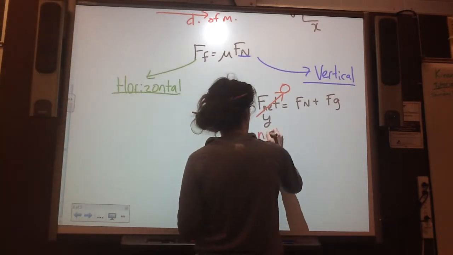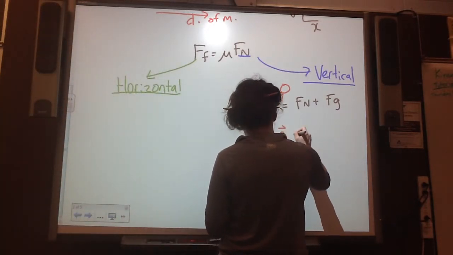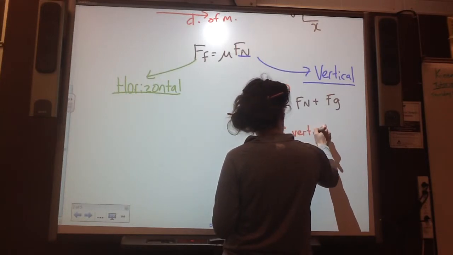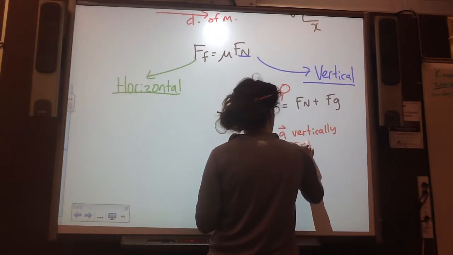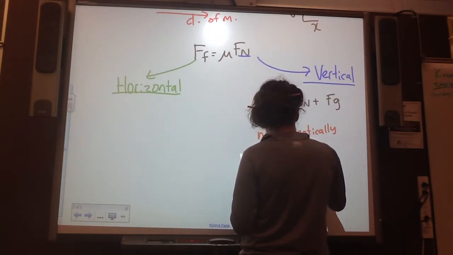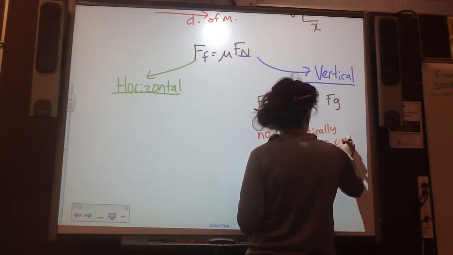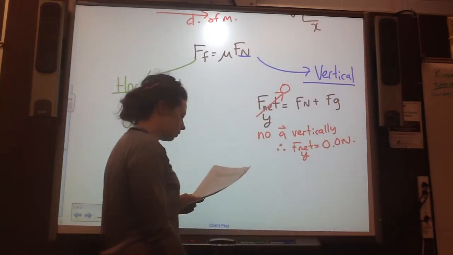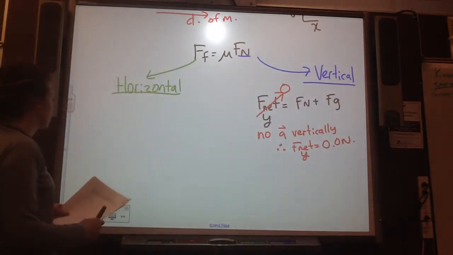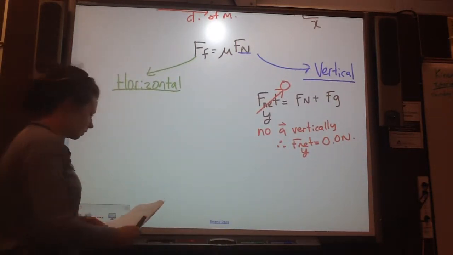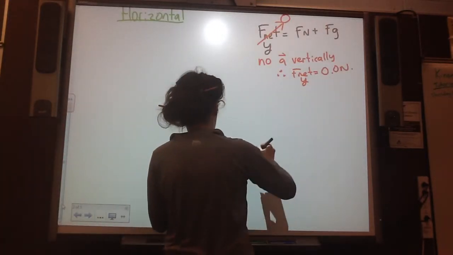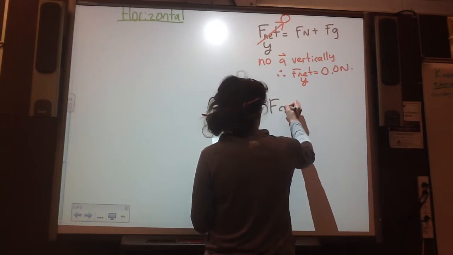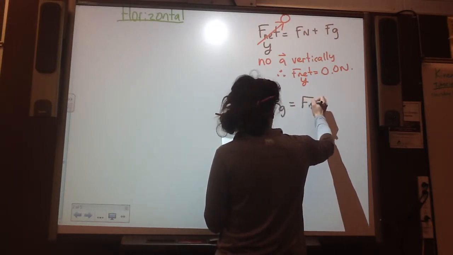So there's no acceleration vertically, either up or down. Therefore, F net y is equal to 0.0 newtons. Therefore, then, we can say that Fg now is equal to Fn.